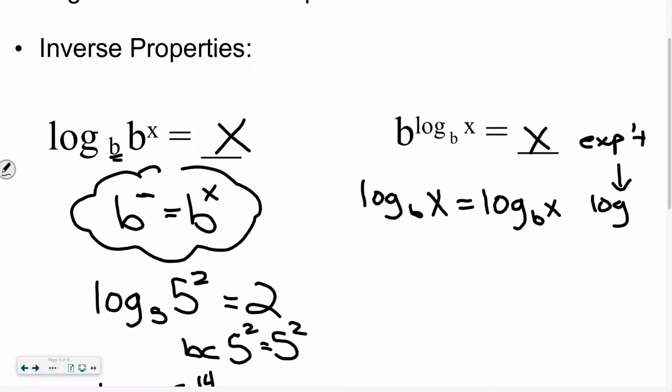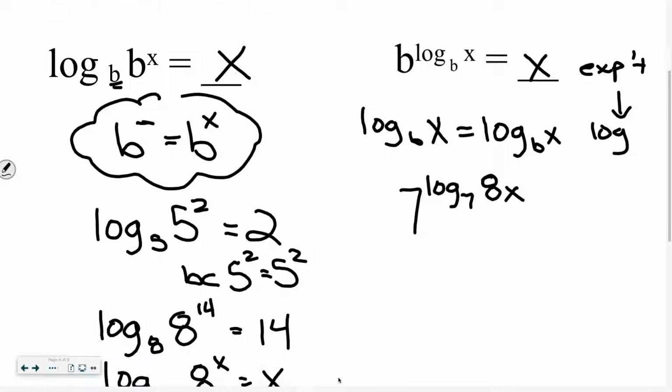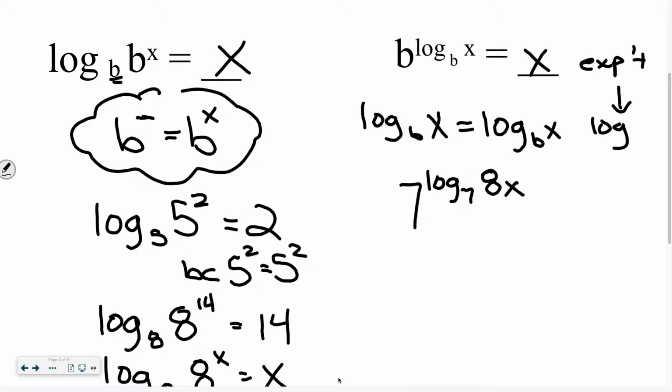So I could make up some examples. Let's do 7 to the log base 7 of 8x. The answer is 8x. I'm doing the old version. 2 to the log base 2 of x plus 1.